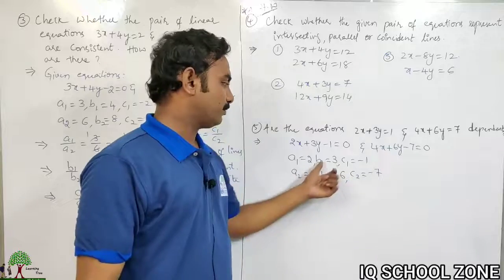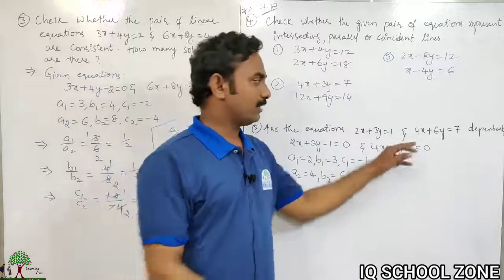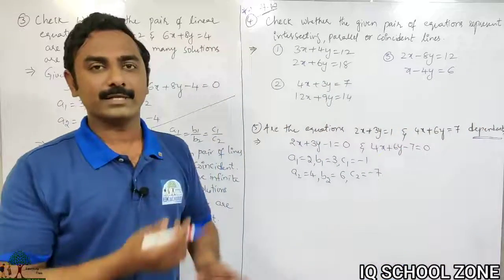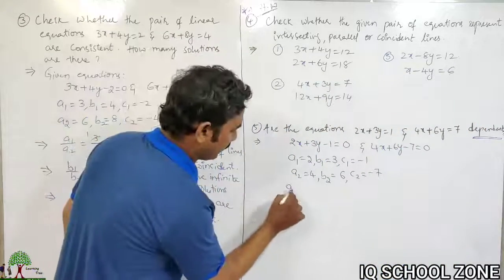So I have written a1, a2, b1, b2, c1, c2. Then what you have to check is whether these are dependent or not. Dependent means coincident.